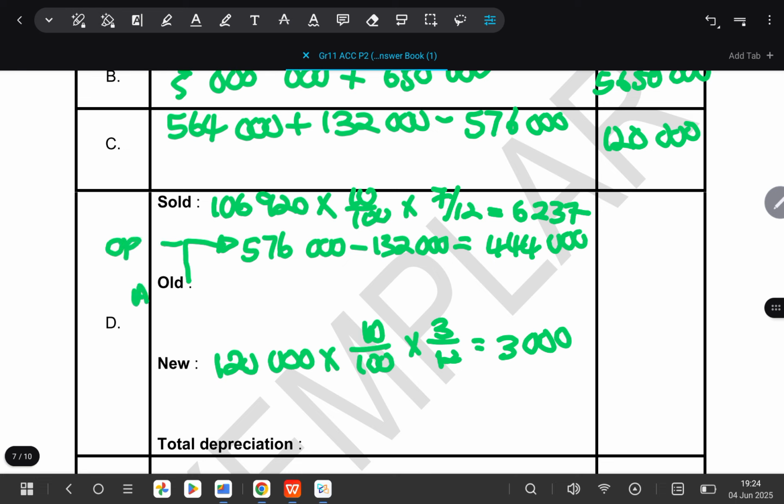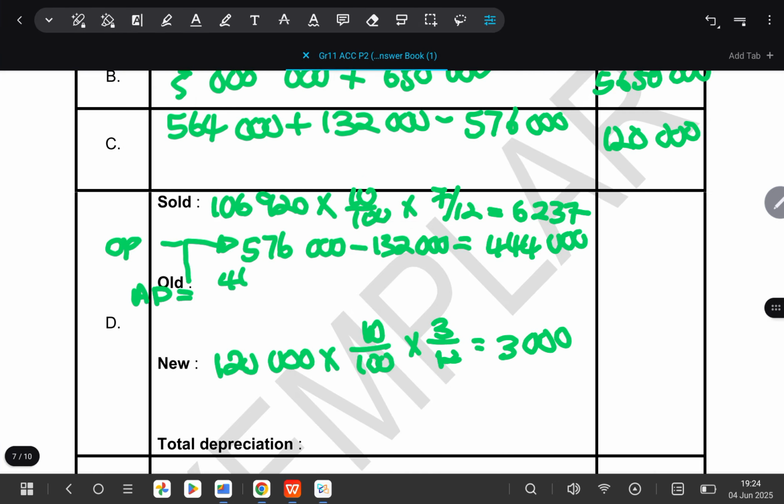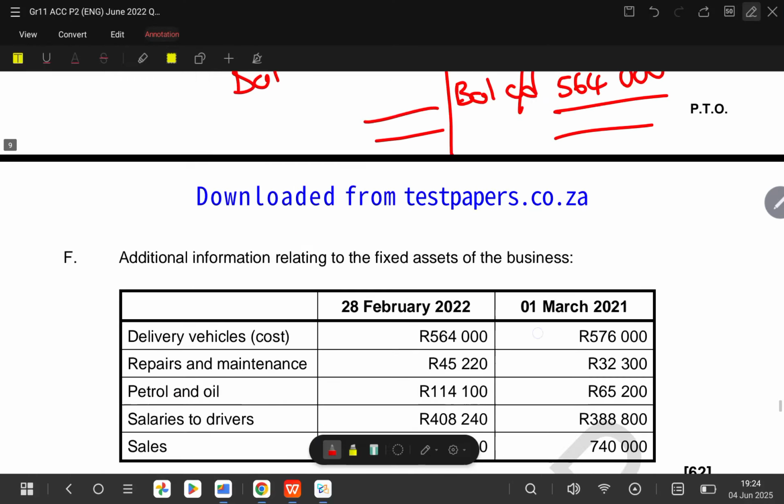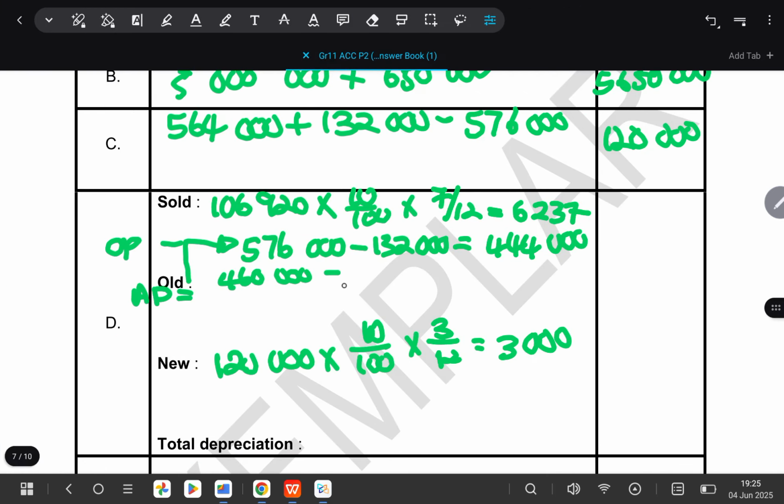Now in terms of the accumulated depreciation, you are going to take your balance at the beginning, which is 460,000, and subtract the accumulated depreciation at the beginning for the asset that you are selling, which is 25,080. Remember, it is the year before the current one, so you subtract that. So 460,000 minus 25,080 gives us 434,920.